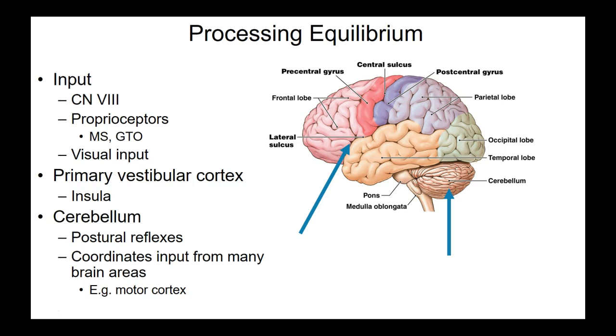And part of that plan that gets sent out is incorporating the information from the visual input and also the proprioceptors saying, all right, how much have I stretched this tendon, this muscle in order to maintain equilibrium? All that is factored in to this process of, say, walking from one end of the room to another. All right?